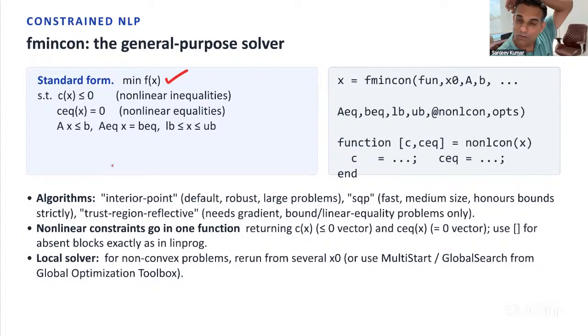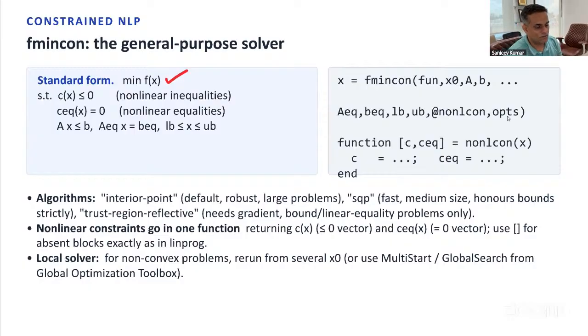Okay, so for this, again you have to write all these matrices, and you will use the fmincon command in the same way you use fminunc. You will pass your function which you have defined, x0 initial solution, A, b, Aeq, beq, lb, and so on.